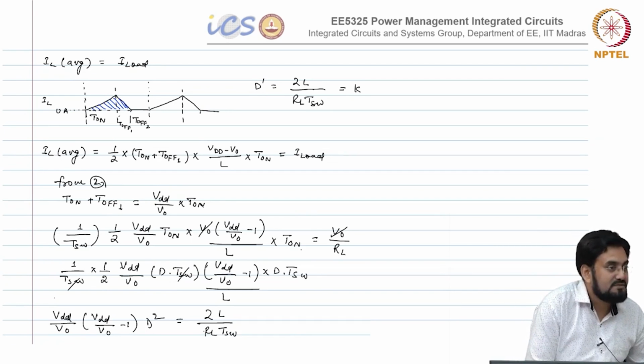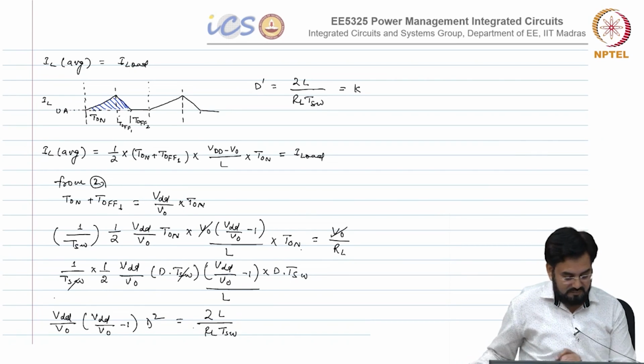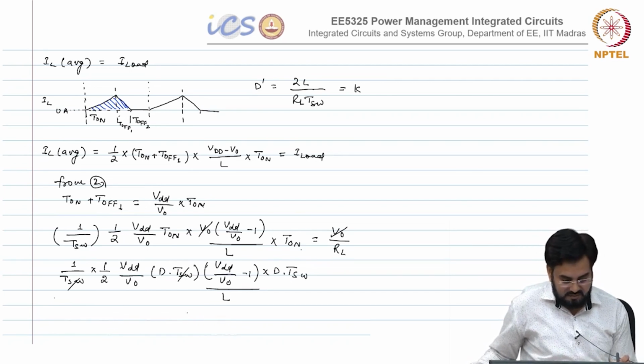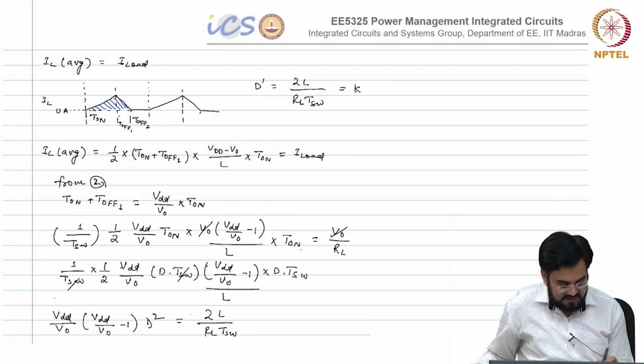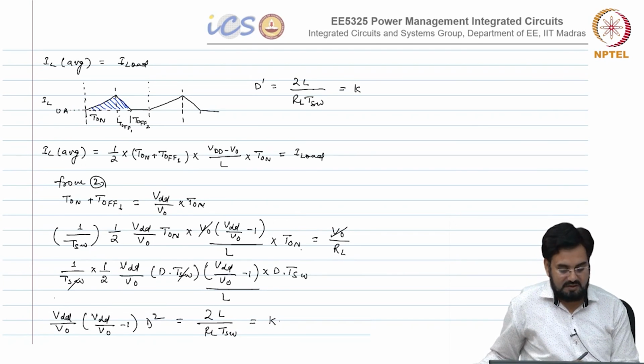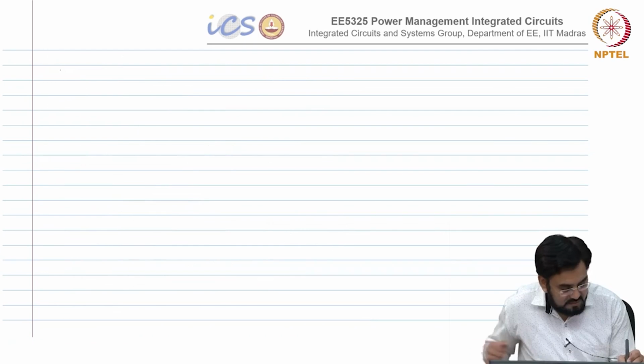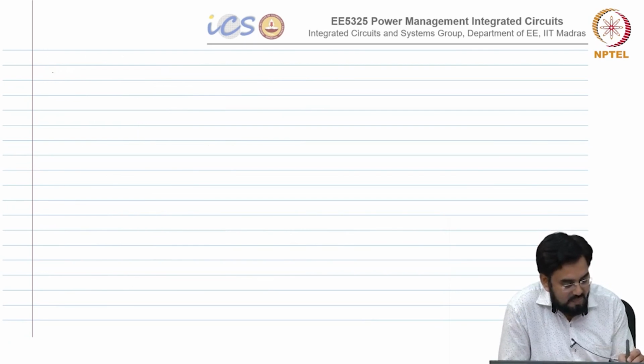Correct? And we know this is nothing but equal to K. You have to simplify this.